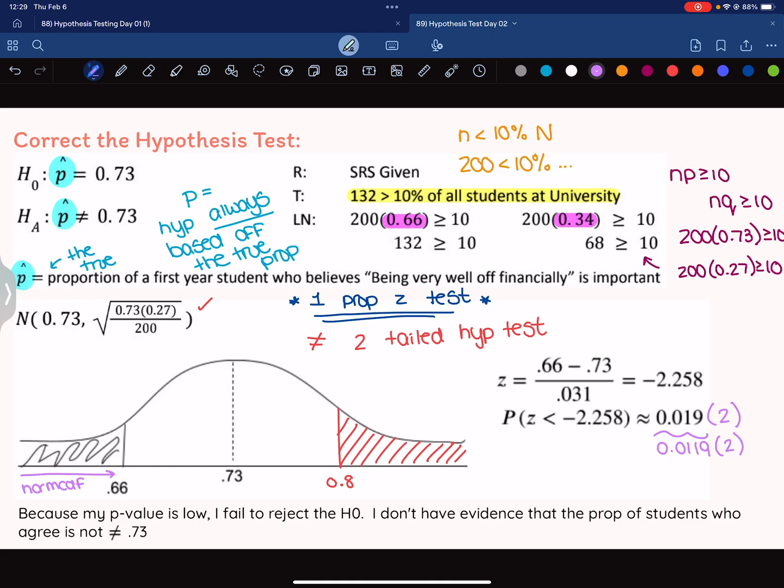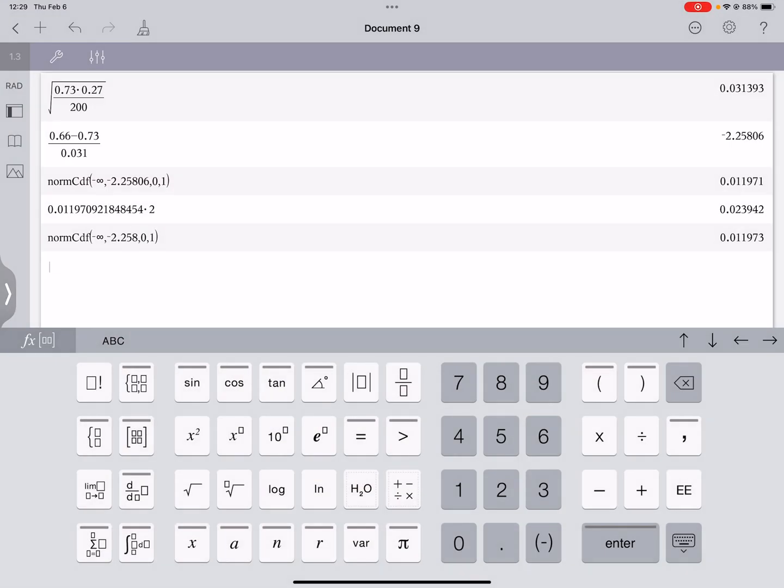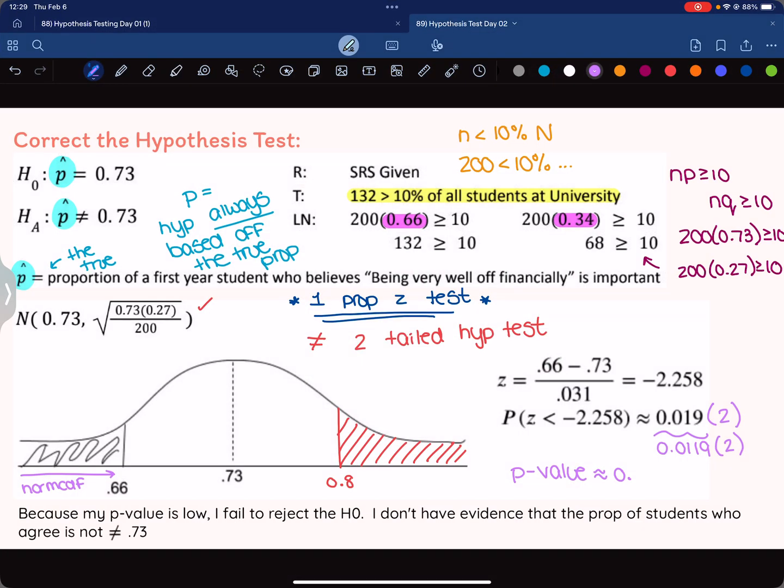And that's what's going to get us the real p-value of about 0.0239. So there's our p-value. And then it says, because my p-value is low, I failed to reject.